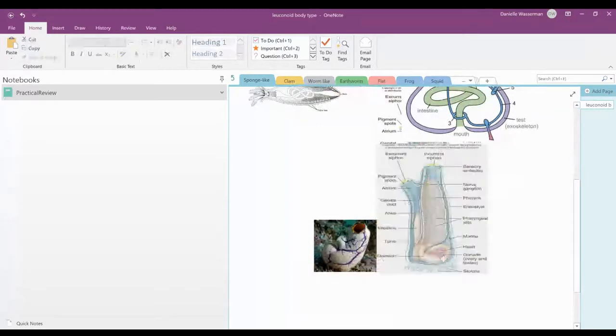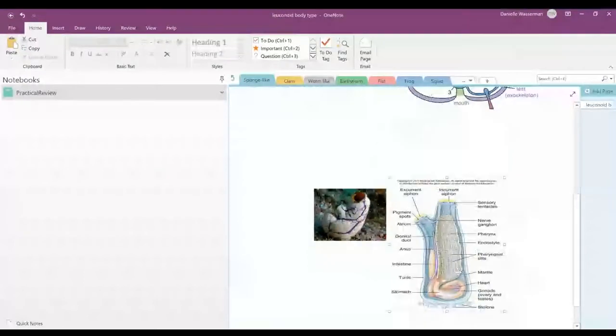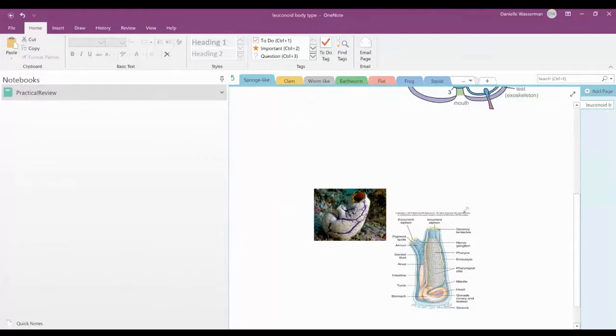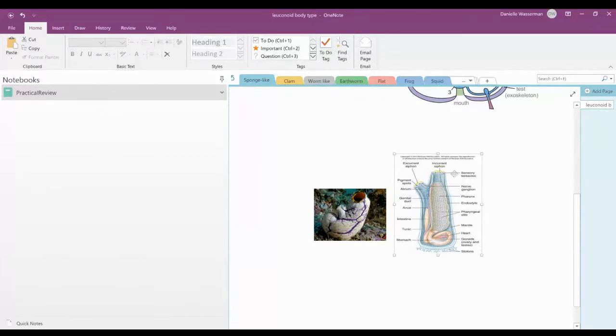This is a view of the tunicate plan. So you can see that there's an in-current siphon and out-current siphon, and this is just to show you that there are some things that look similar, that may be sponge-like or round or have some superficial similarity, and you have to learn how to tell them apart.